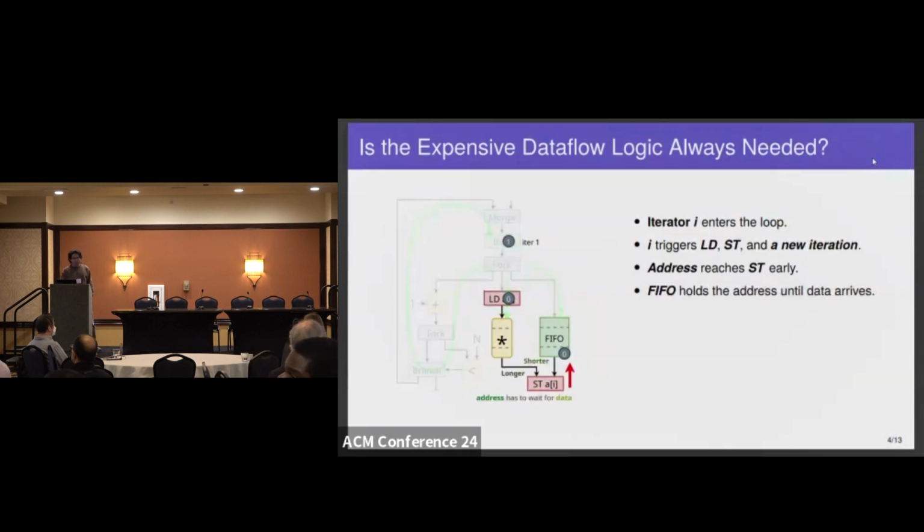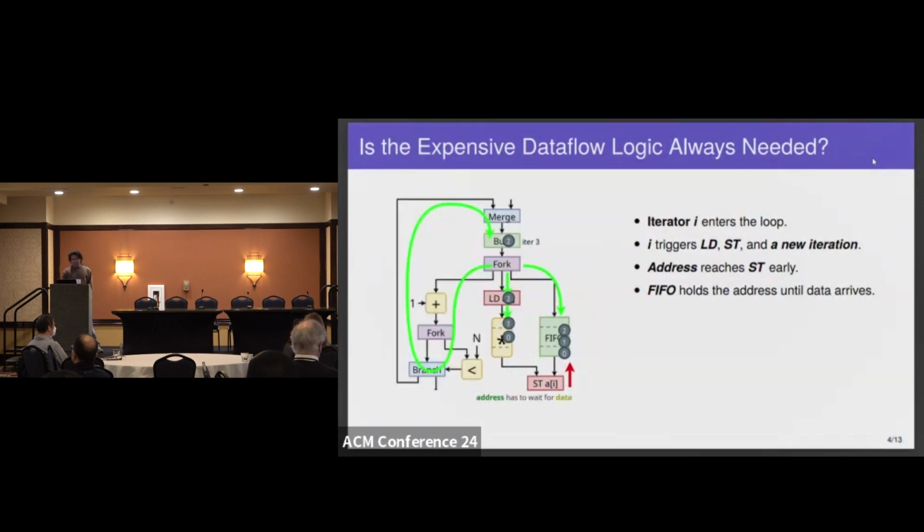As a result, the FIFO has to hold the address token until the data token arrives. So let's resume the simulation and wait until the data token arrives. So we simulate for 1 step, 2 steps, 3 steps. At this point, we can fire the first store operation because it meets its requirement.